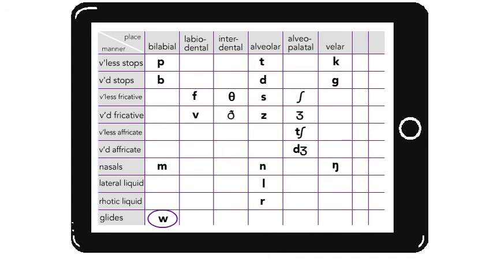W is a bilabial sound, so it is a bilabial glide. What is written as y in English is rendered by linguists as that. It is an alveolar sound and thus an alveolar glide. H is a fricative, but it is produced further back than the soft palate, in the glottis. It is therefore a glottal fricative.